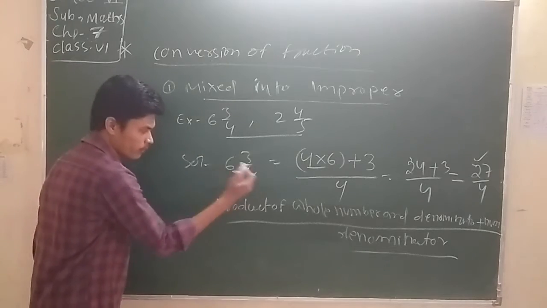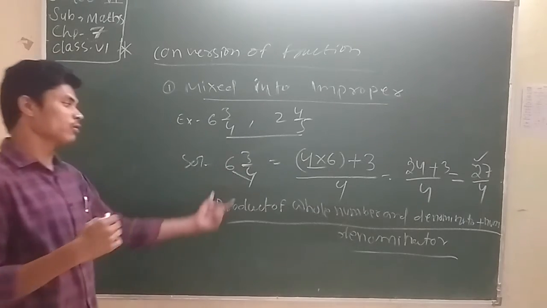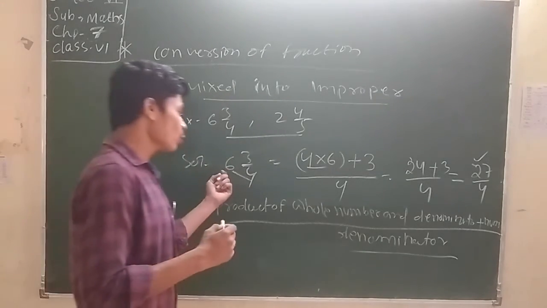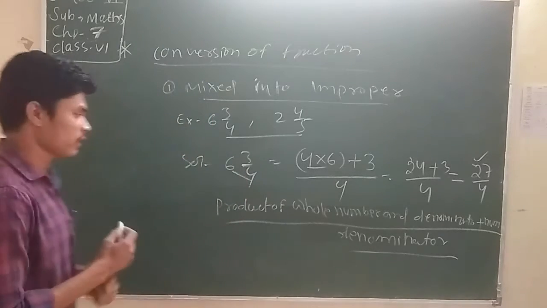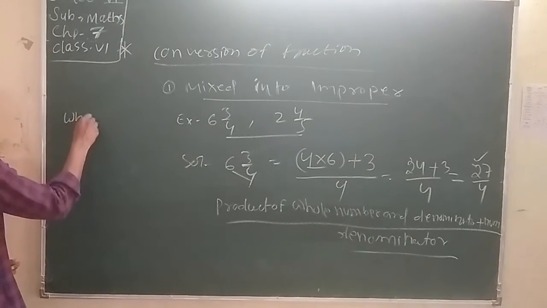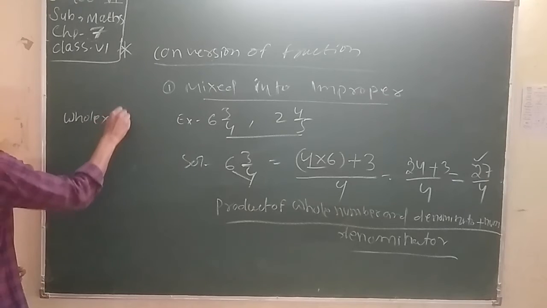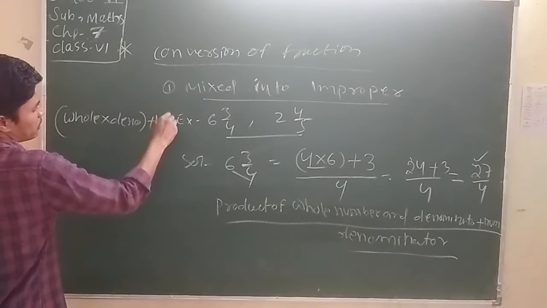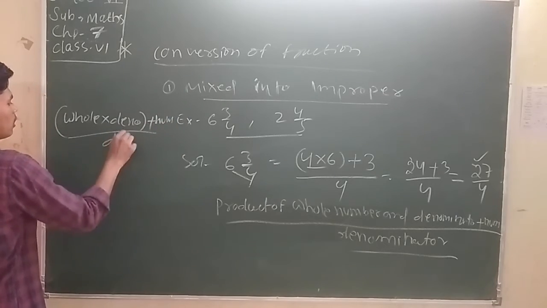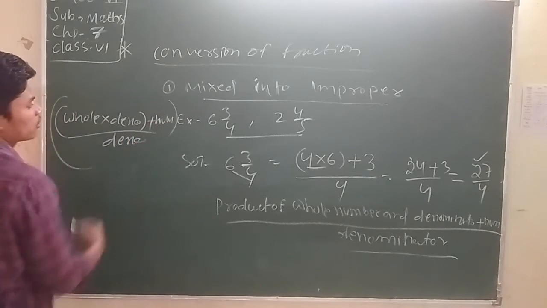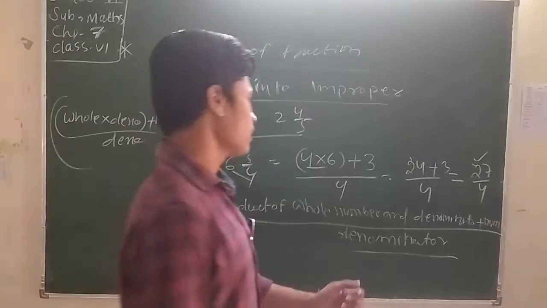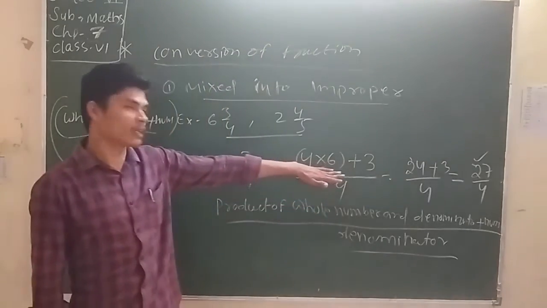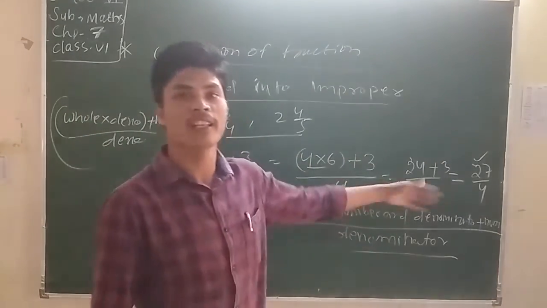First the two numbers are multiplied. Shortly, whole number into denominator plus numerator by denominator. You can follow this process, find the answer, and easily convert.